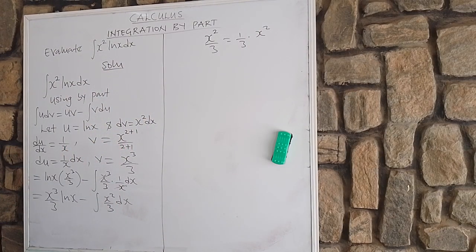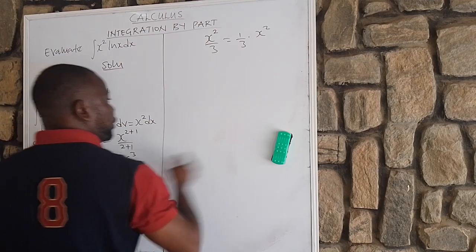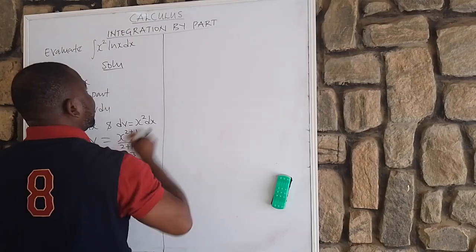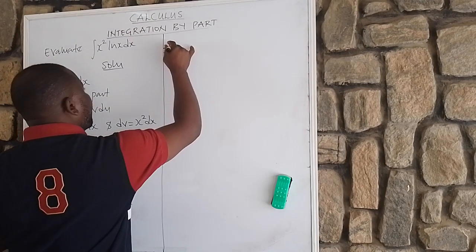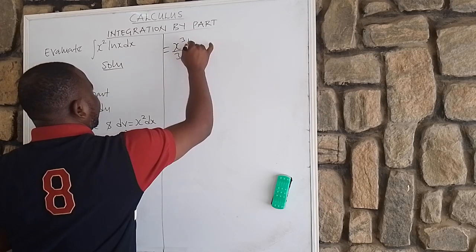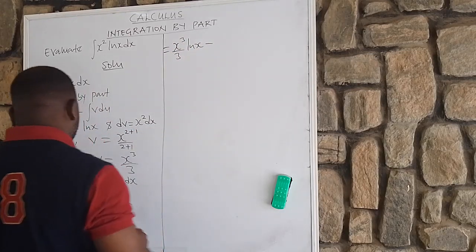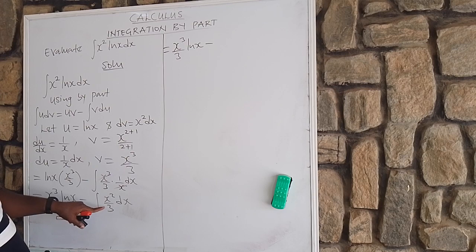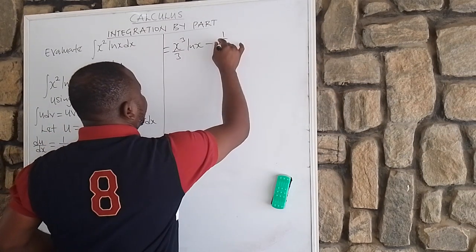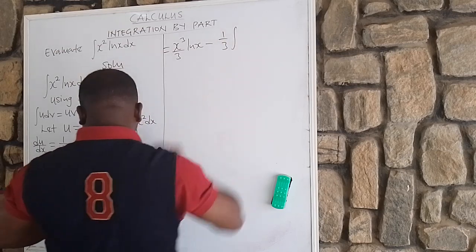So if you agree with me, here will now be x raised to the power 3 all over 3 times ln x minus, it means here we can factor out 1 all over 3. True or false? 1 all over 3 will be outside the integral.